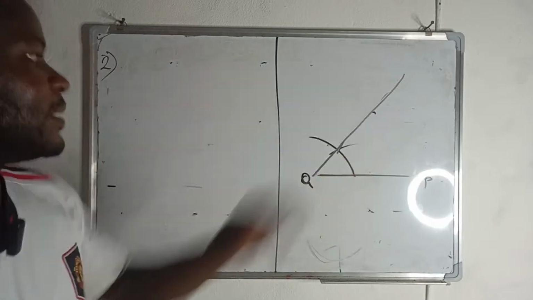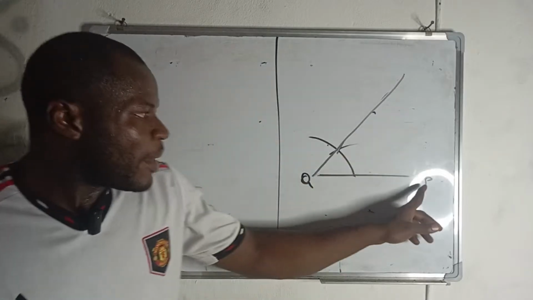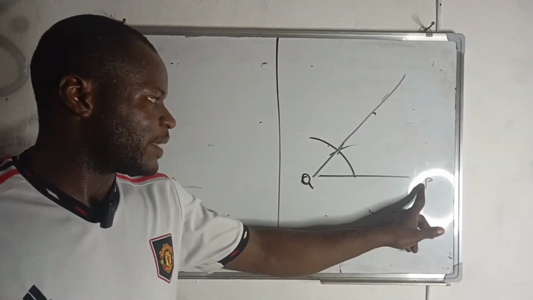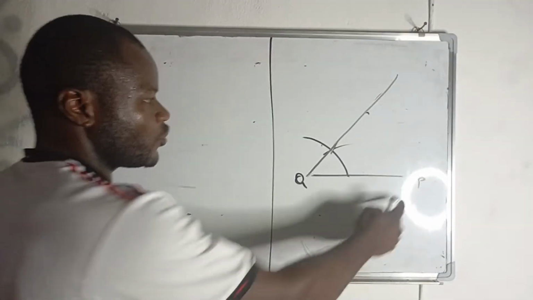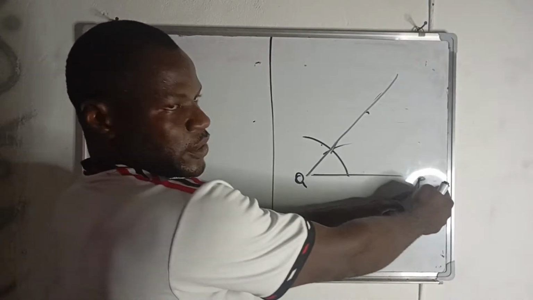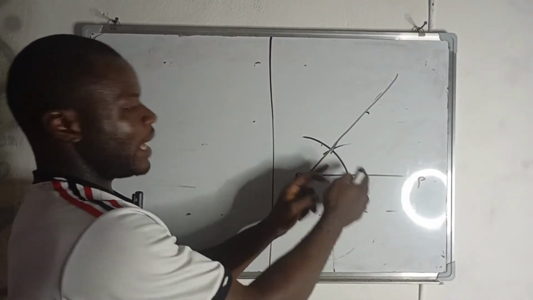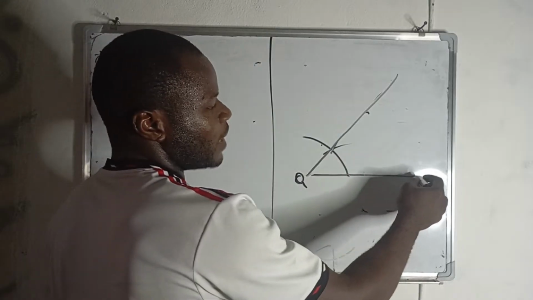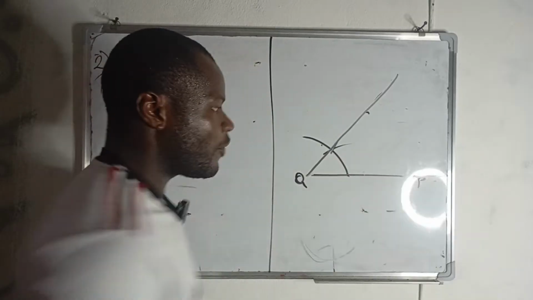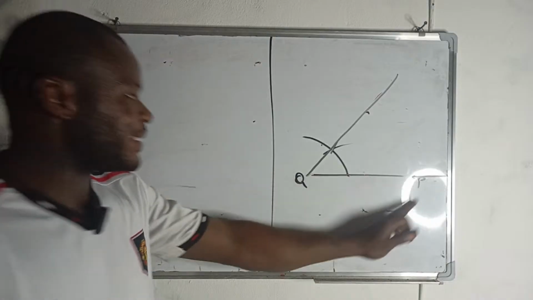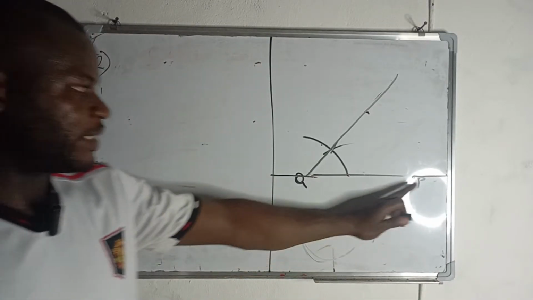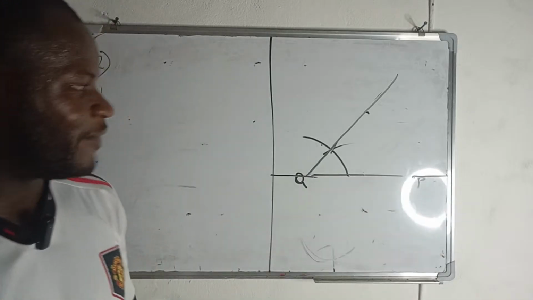Now, at this point, if I'm applying my supplementary angles here, I'm going to construct 120, such that when I add it to 60, I'm going to have 180. Remember, of course, all the time you always extend your line. Don't stop at Q or point P. Always extend your line for any further construction.